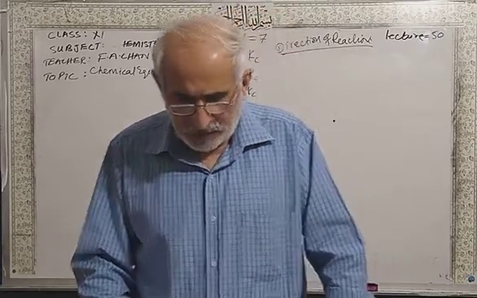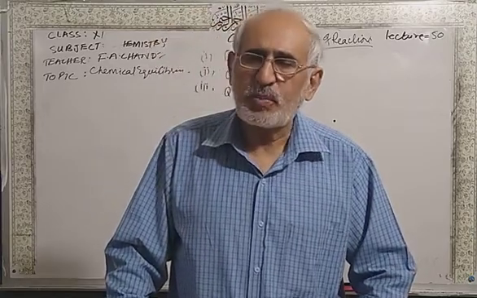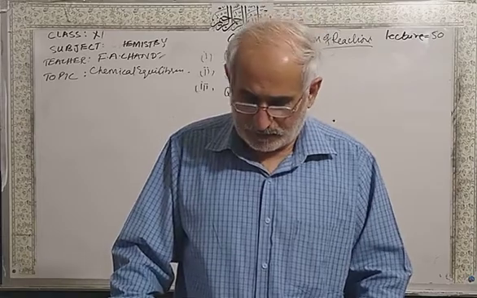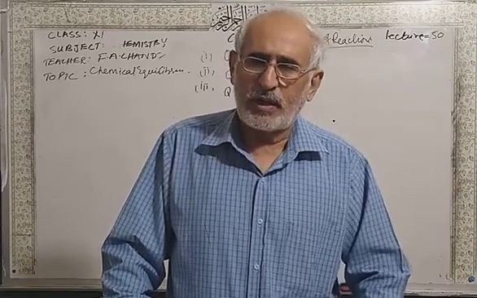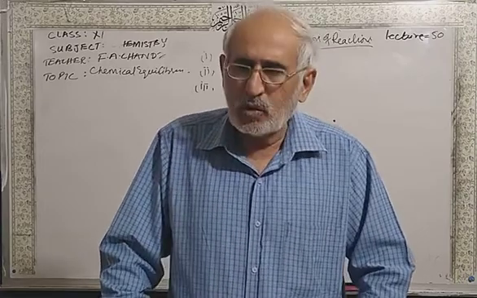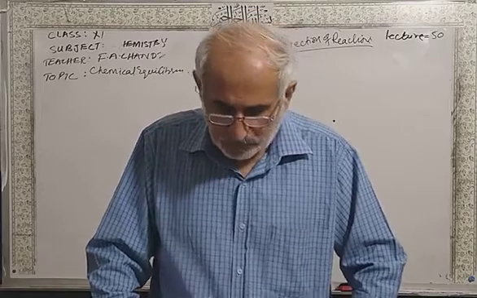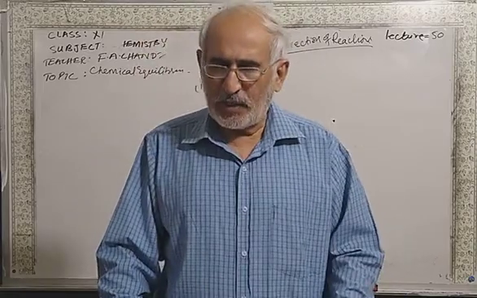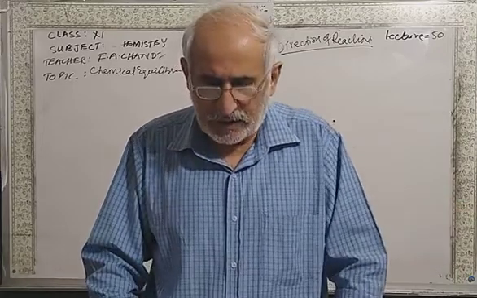The Kc value is given as 6.0 into 10 raised to power minus 2 at 500 degrees centigrade. 1 mole of nitrogen, 3 moles of hydrogen and 2 moles of ammonia form an equilibrium. The concentration of hydrogen, nitrogen and ammonia are given.